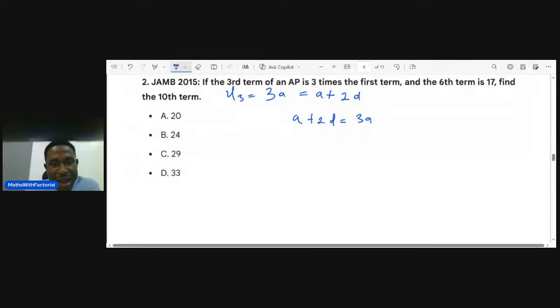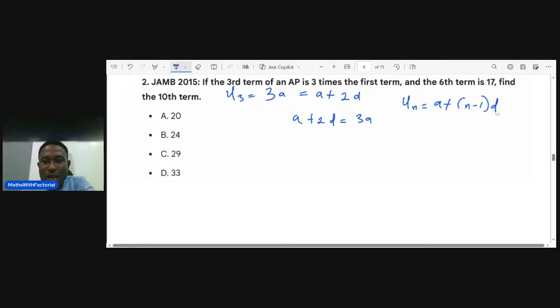Please, if you don't understand how I got A plus 2d equals to 3a, please drop it in the comment section. I just interpreted this statement, which says if the third term, that is n is 3, of an AP is 3 times the first term. And we've established the fact that the first term of an AP is represented by A. And don't forget the formula again, which says Un equals to A plus n minus 1d.